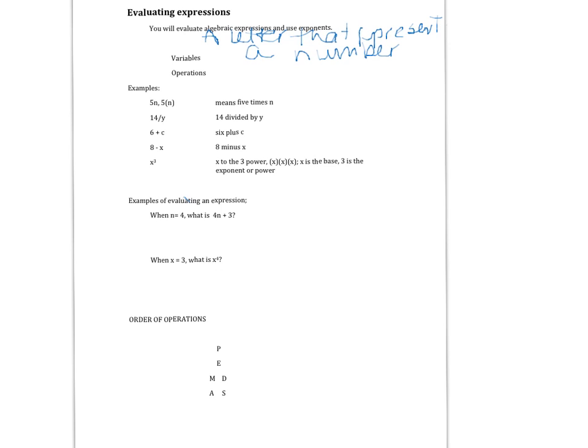Some examples could be x, could be n, could be p. We have a wide variety of letters to choose from, and you can barely read that it says represents.